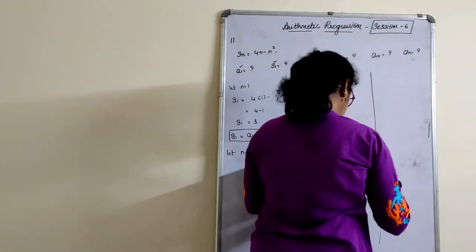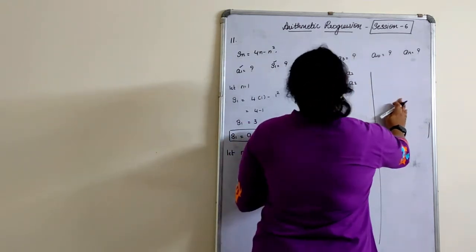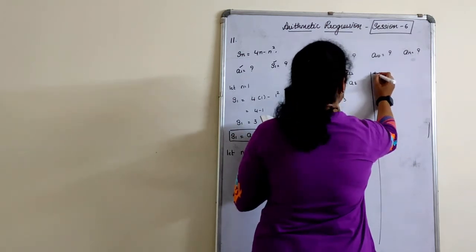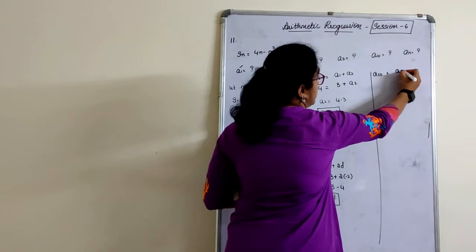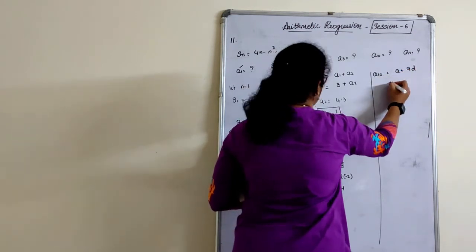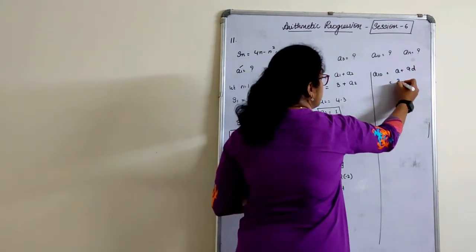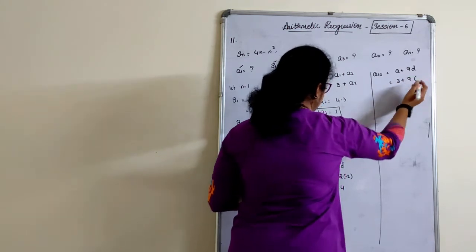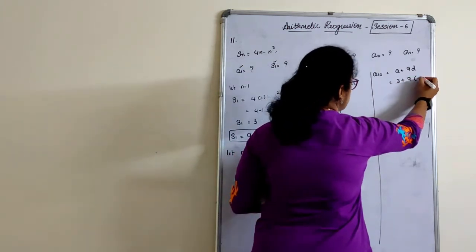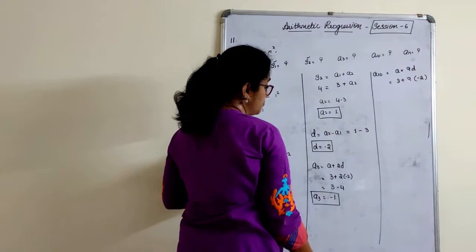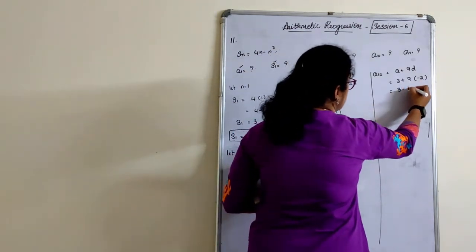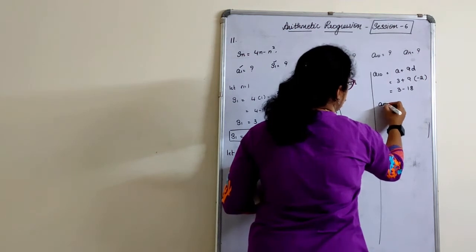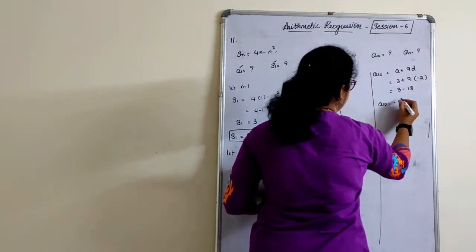A10. A10 is written as a plus 9d. What is a? a is 3 plus 9 into common difference, which is minus 2. 3 minus 9 twos are 18. A10 is minus 15.